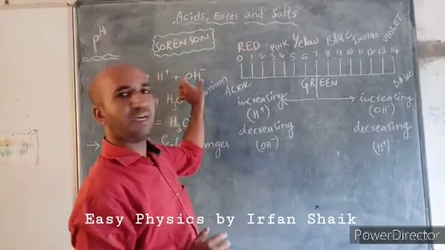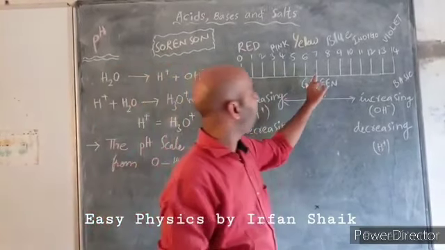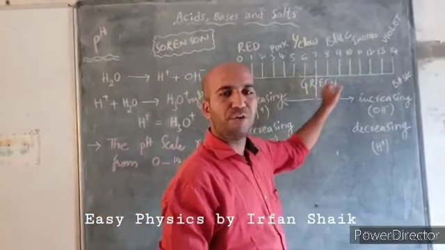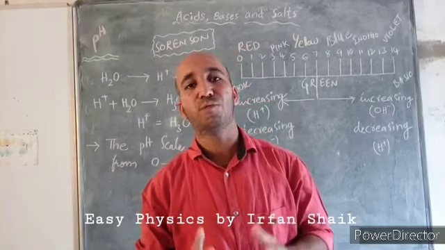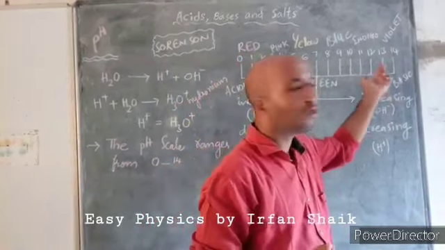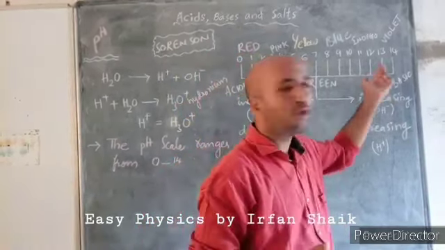The solutions having pH value 13 or 14 have a very high concentration of hydroxyl ions, that means OH minus ions. That's why the solutions which have a pH value of 13 or 14 are highly basic solutions. So these are the few important things that we need to remember in the pH scale.